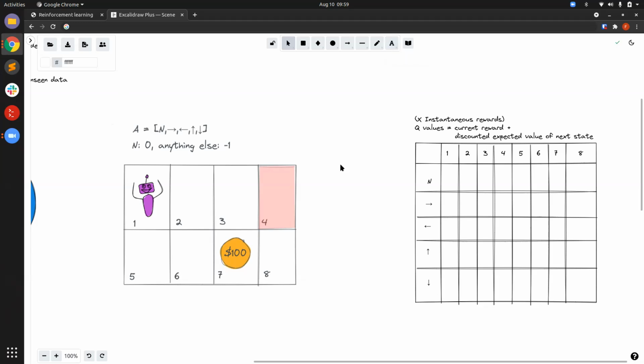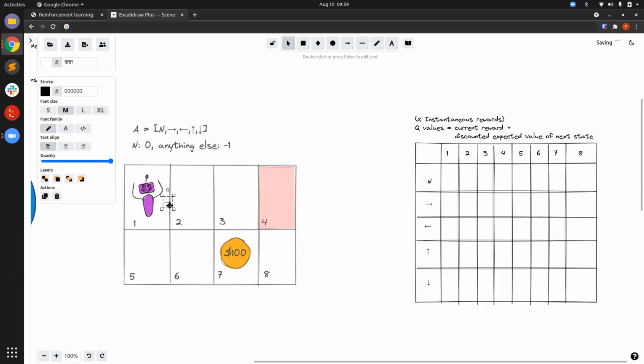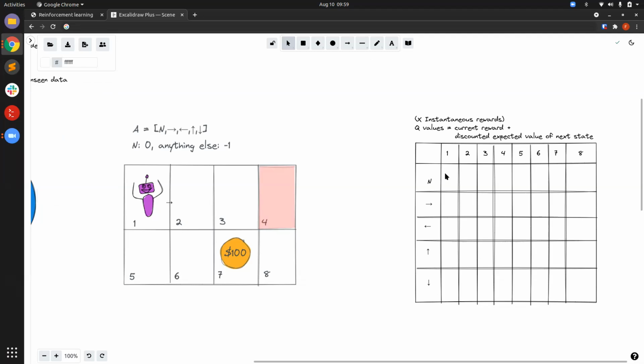So I'm in state 1. Currently, my Q table says that the Q value for every action in state 1 is 0. So I'll choose from them with uniform probability. Let's say I decide to go left. Sorry, I'm going right. Now I'm going to observe my reward and my new state S. And I'm going to update the Q value here using my reward, which was 0, plus some discounted Q value for my new state.